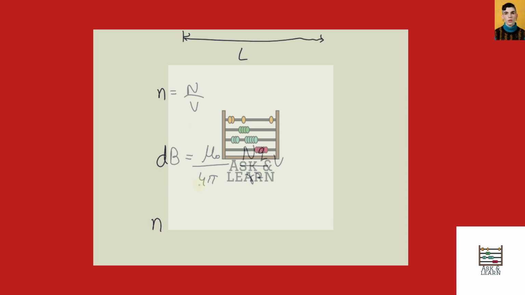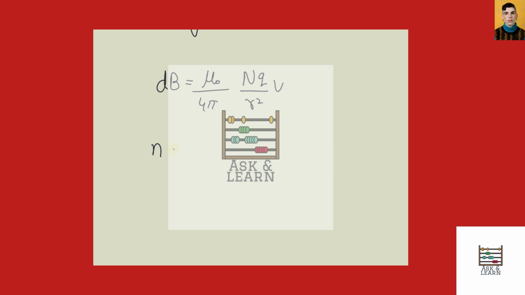Now how many ions are passing through this small elemental volume dv? This n will be equal to capital N divided by dv. So from here the number of ions will be equal to n times dv.